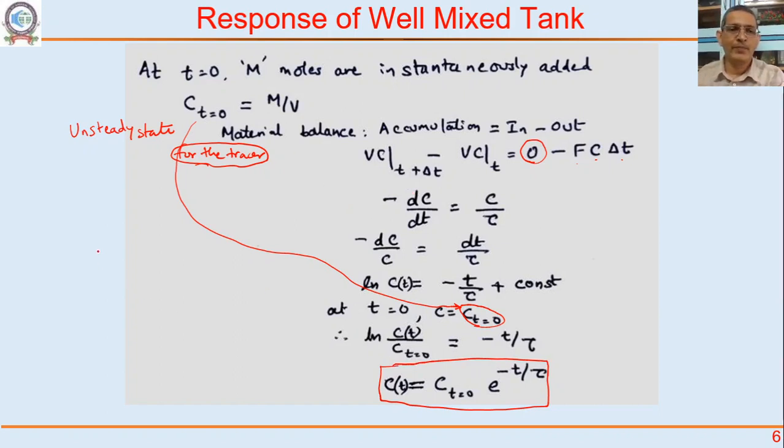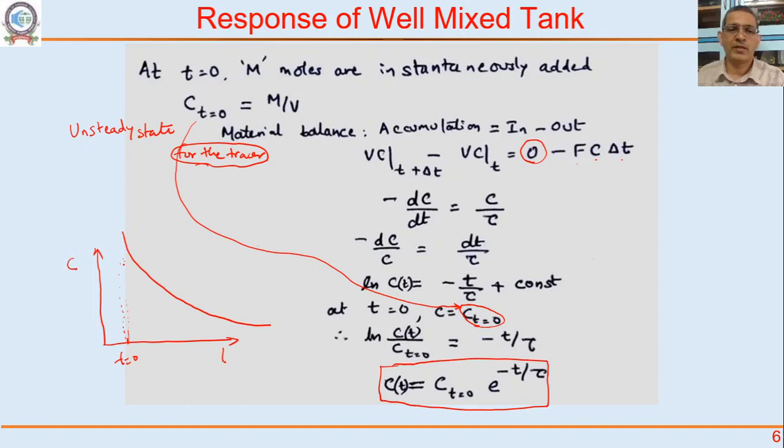Just plot this. This is our t equal to 0, that is where we have put in the tracer. What tracer have we put in? We have put in a pulse, which means one shot of tracer. The outlet concentration will change like this, exponential behavior.